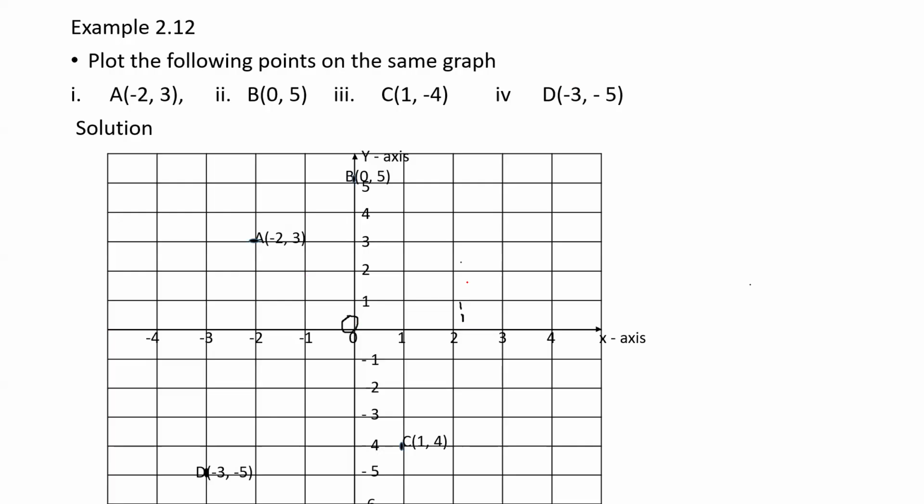So if I go through all my points here, we have -5, -4, 5. The x values are -2, 0, 1, -3, and 3. So therefore, on the x-axis, up to 3.